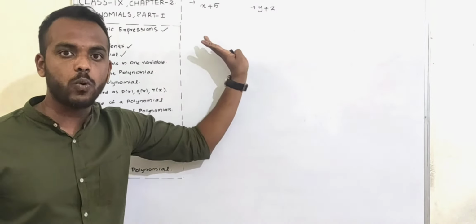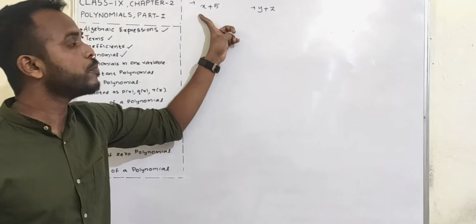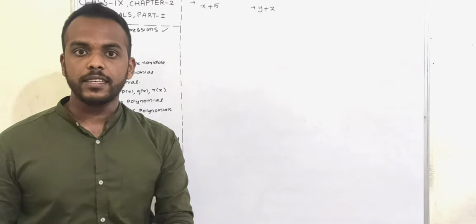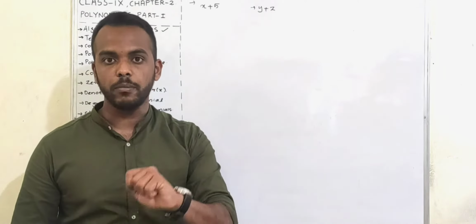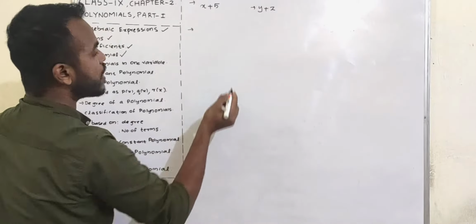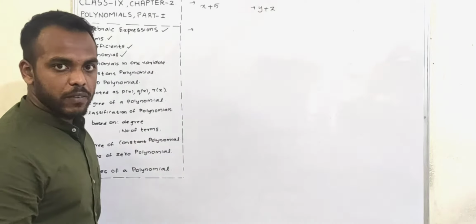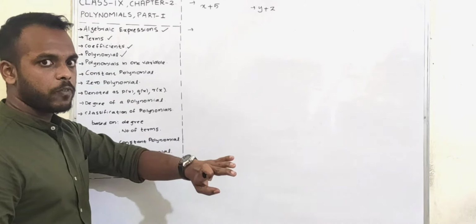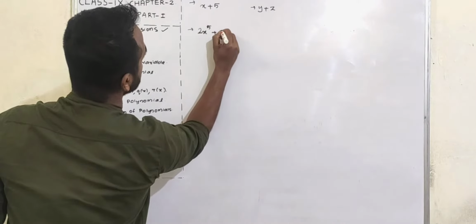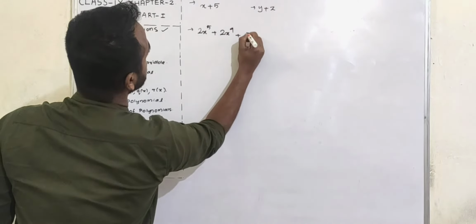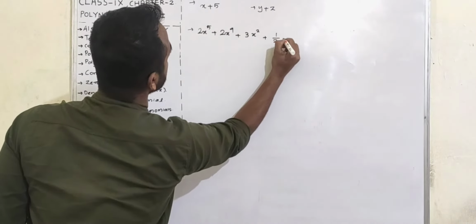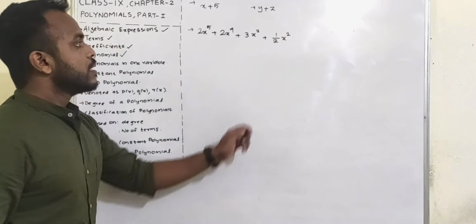I hope you got what is a polynomial in one variable. The polynomials in which there is only one variable are called polynomials in one variable, and the variable can be repeated with different powers also. I hope you remember what the power is. Here is an example: 2x raised to 5 plus 2x raised to 9 plus 3x raised to 2 plus 1 by 2x square.